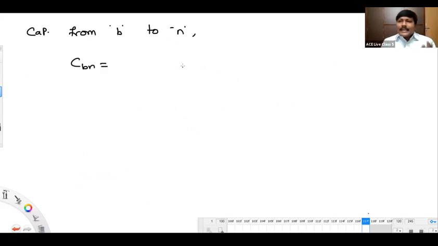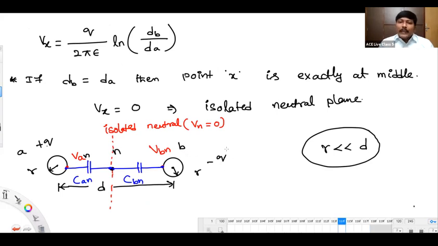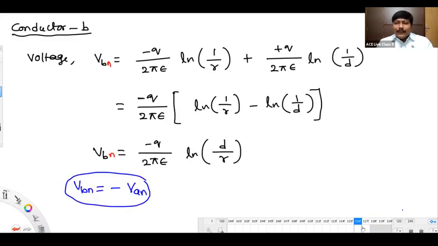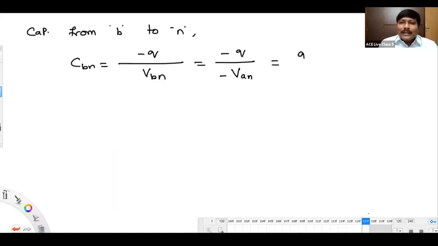It is simply the charge of conductor B, which is minus Q, by the potential VBN. Already VBN is minus VAN, as I just said, so minus minus cancels out.